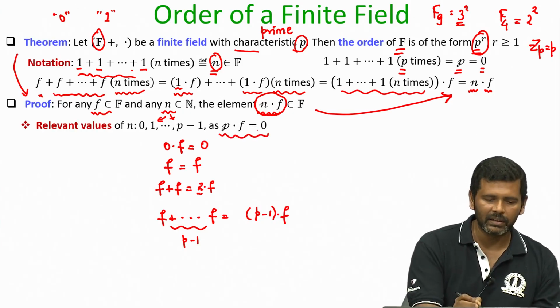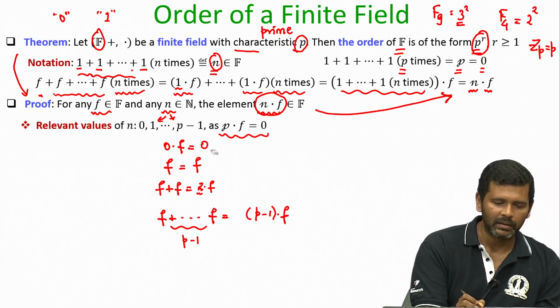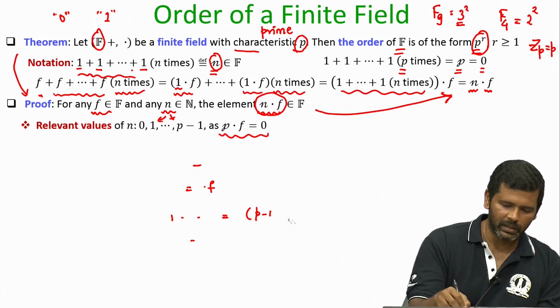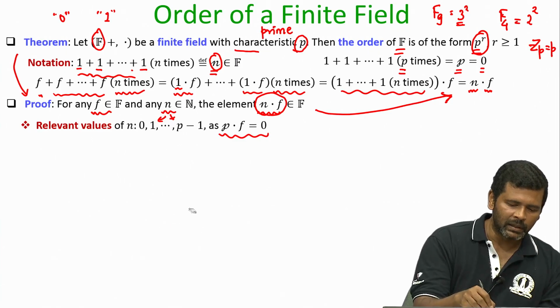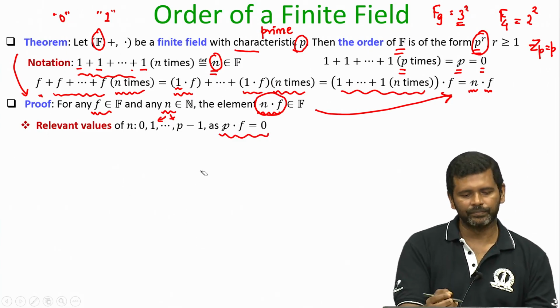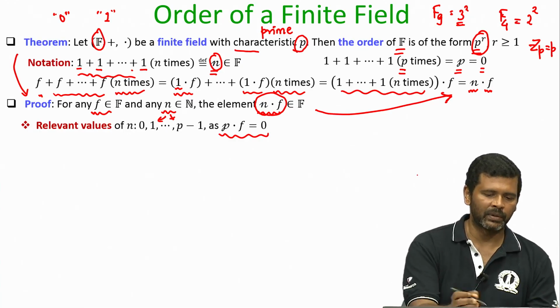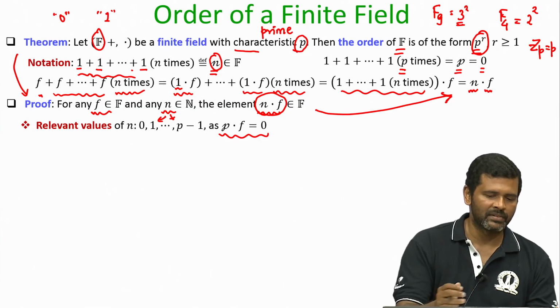So, in that sense, the only relevant multiples of f are 0 to p minus 1. Because if you take the higher order multiples of the element f, you will start getting the same elements which you could have generated by taking the multiples of f in the range 0 to p minus 1.